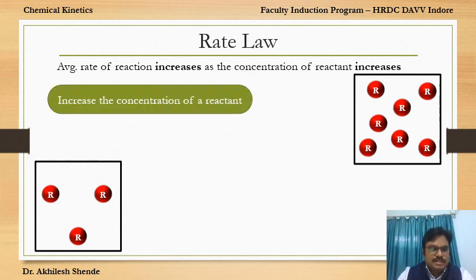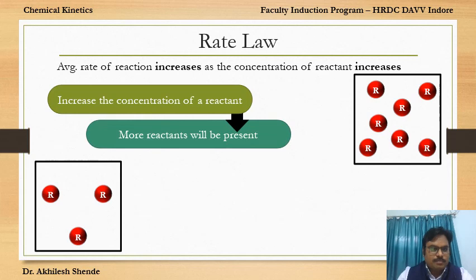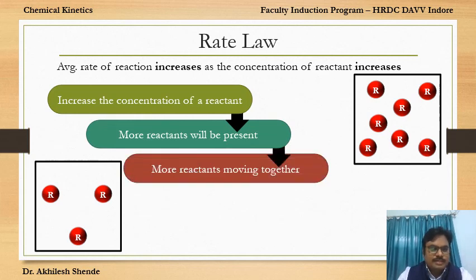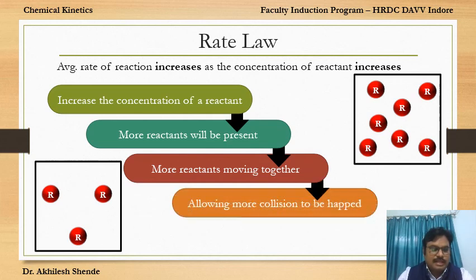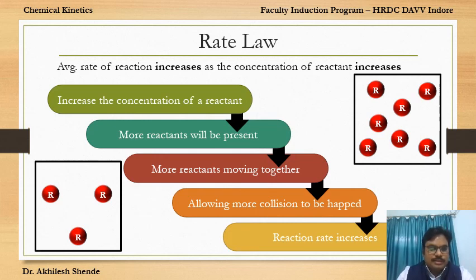If we increase the concentration of reactant, more reactant will be present, more reactant moving together, and this allows more collisions to happen, and hence the rate of reaction increases. So due to the increase of collisions, the rate of reaction increases as we increase the concentration of reactant.